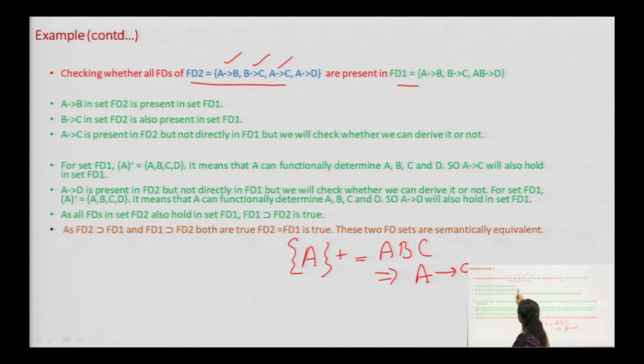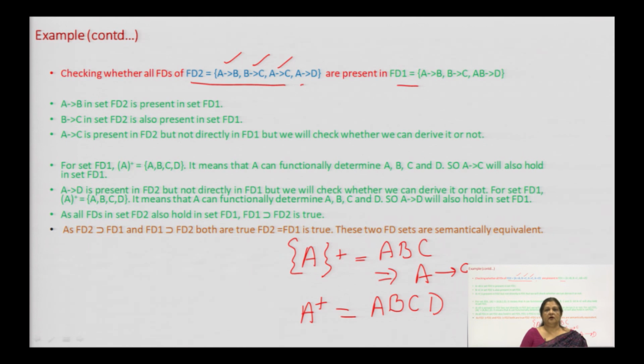Then let us look for A to D. The closure of A will be A, B, that is from A to B, then B to C and A to D. So, that means A determines D. A to D is also present in the functional dependency set.